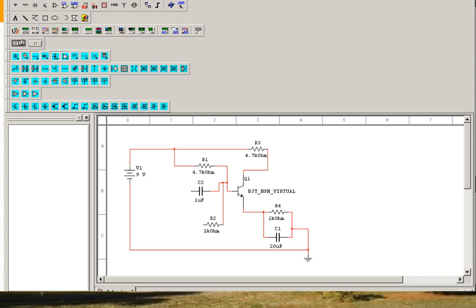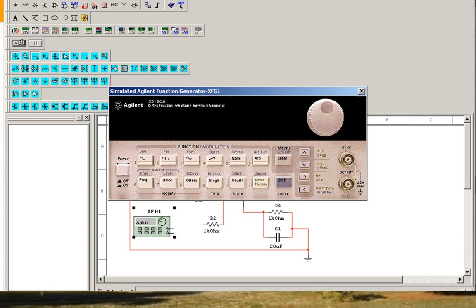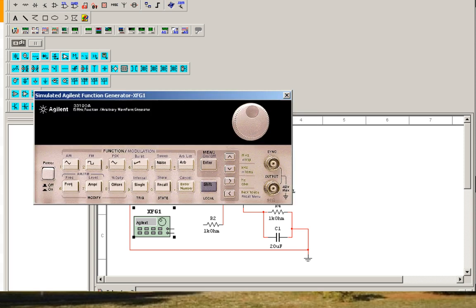Now we want to add a generator. And if we look at the generator, it has an output on the bottom.